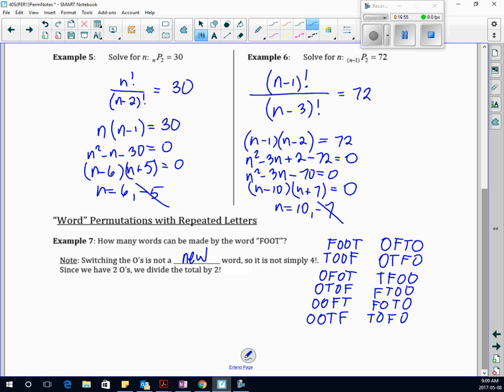So normally we would do this as 4 factorial because there's 4 letters, 4 choices for the first, 3, 2, 1. Everybody agree? But because we have repeated O's and it doesn't matter when we switch them, we actually count double the amount. So we have to divide by the factorial of the number of repeated letters. So 4 factorial divided by 2 factorial is 4 times 3, and then the 2 factorials cancel, so we get 12 ways.